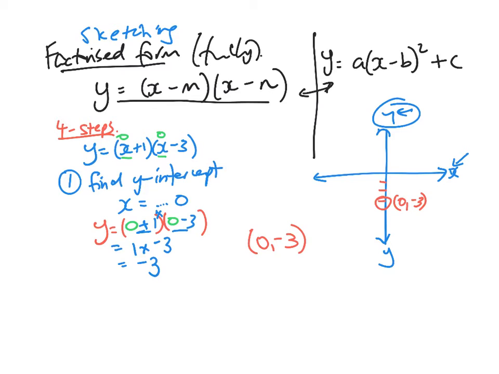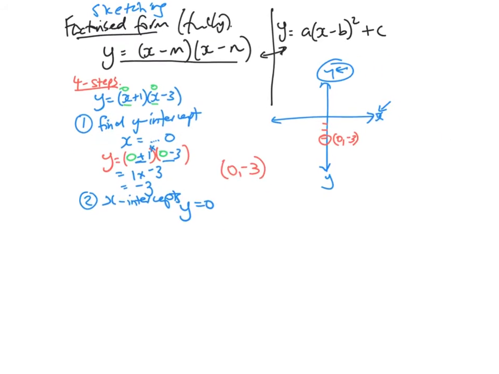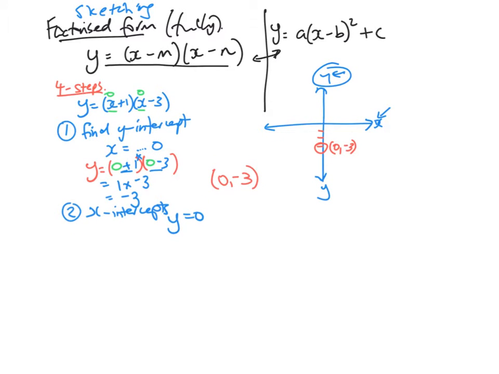Step 2 is we're going to find the x-intercepts. That's the point where y equals 0. That means that for our equation, x plus 1, x take 3 equals 0 for the y.